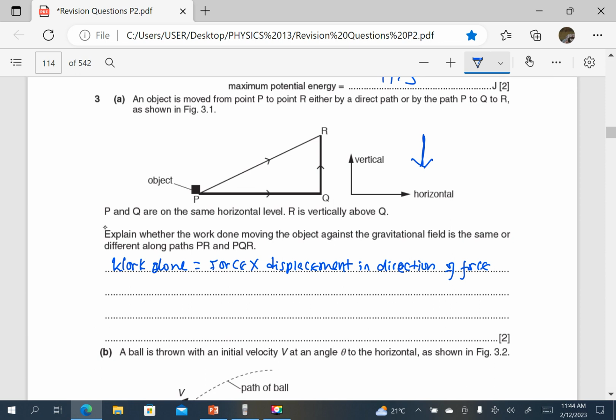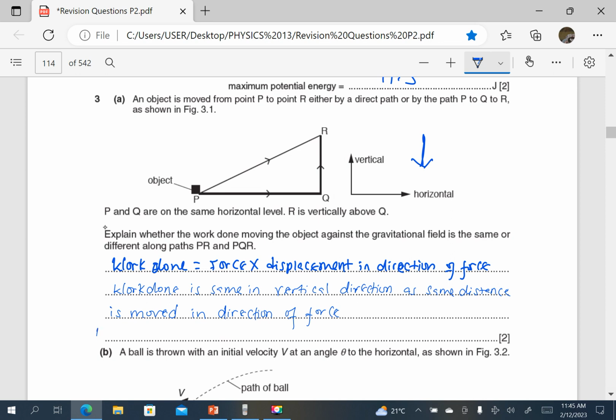And I'm saying the work done is the same in the vertical direction, as the same distance is moved in the vertical, whether you move along PR or PQR, as the same distance is moved in the direction of the force.